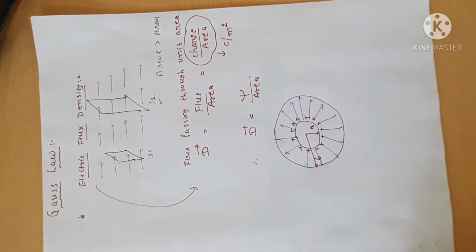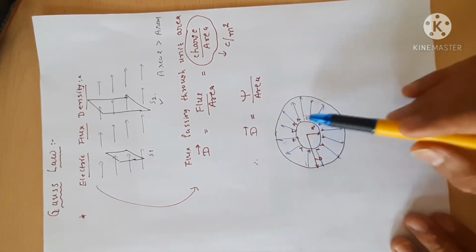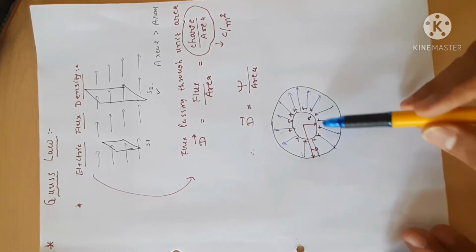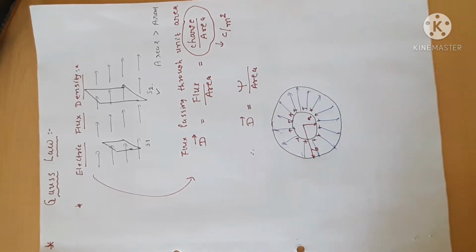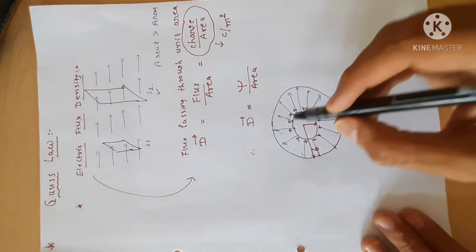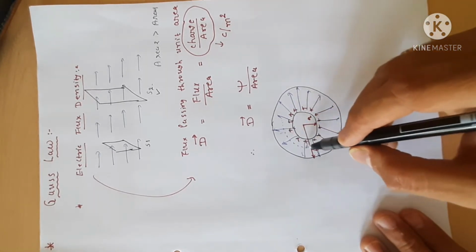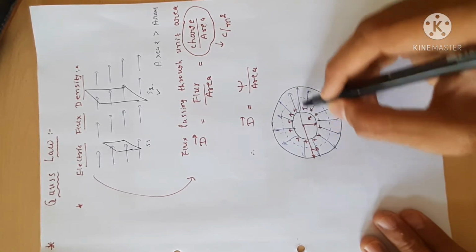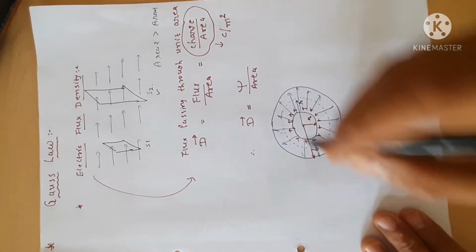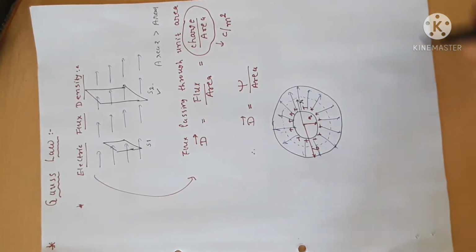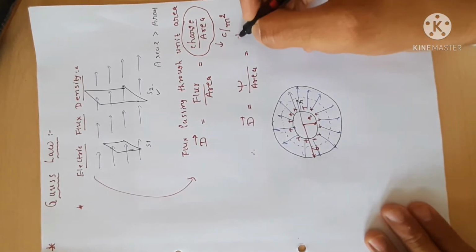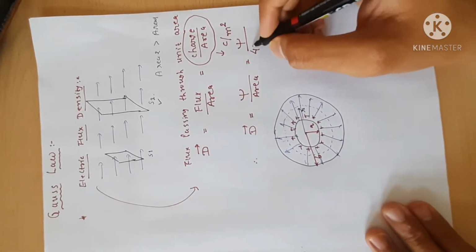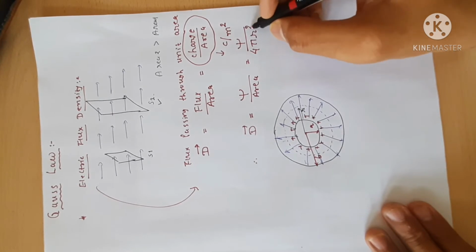What is the area of the sphere? If we consider the inner sphere, its area is 4 pi a square. If we consider the outer sphere, its area is 4 pi b square. So you can find the flux passing through any randomly selected sphere with radius small r. The flux passing throughout the sphere, psi, equals the area of the sphere, 4 pi r square.